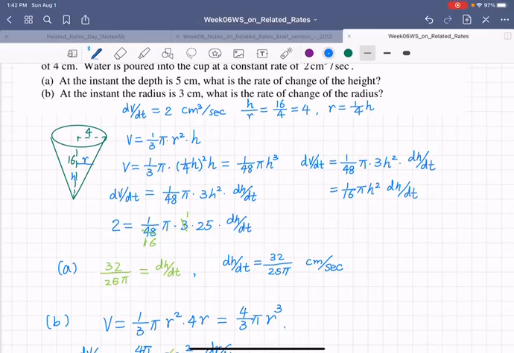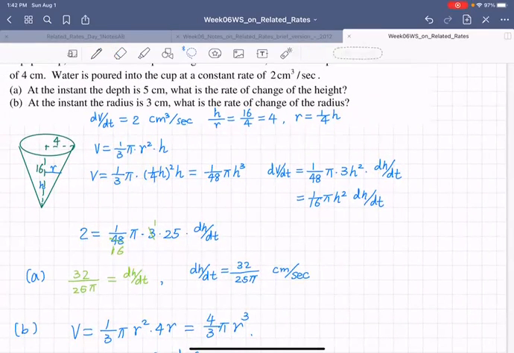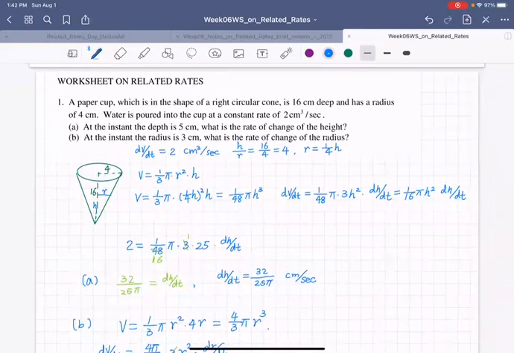All right. Now dV over dt is how much? It is given. It's just that, right? This is dV over dt, right?